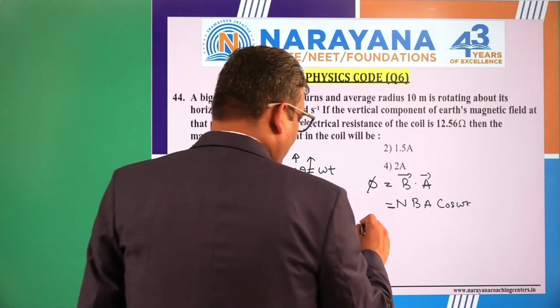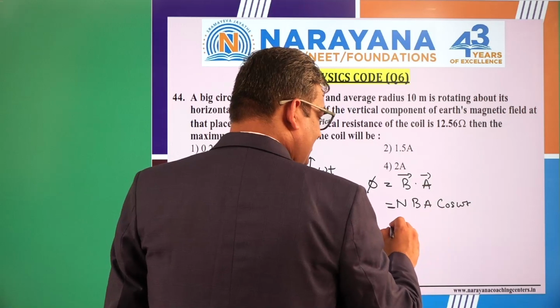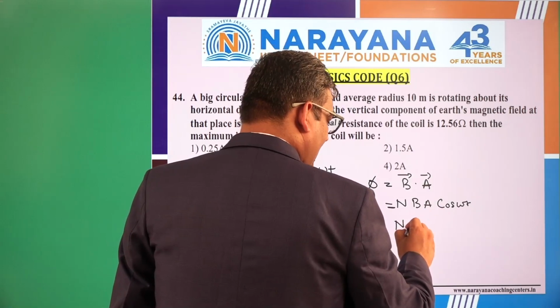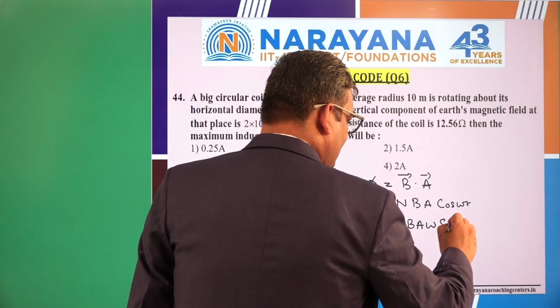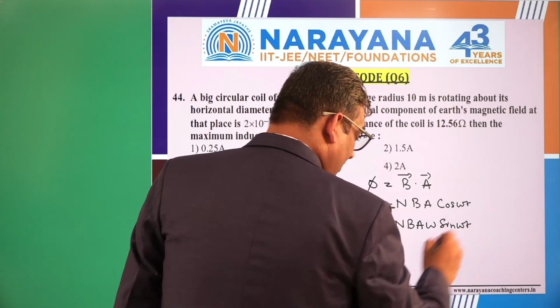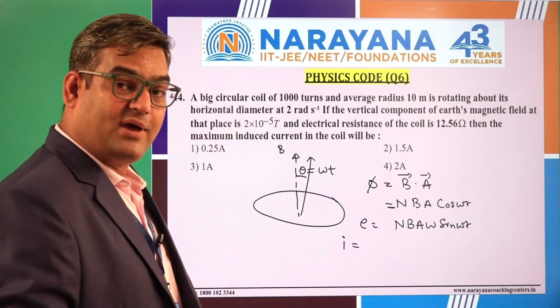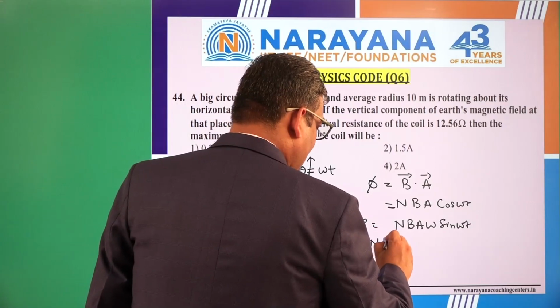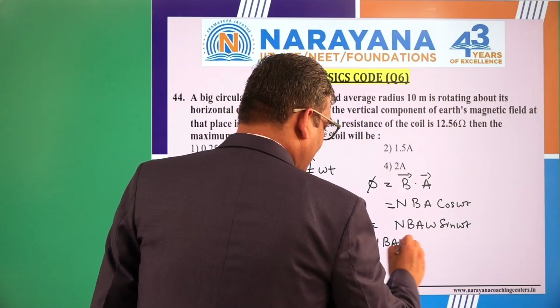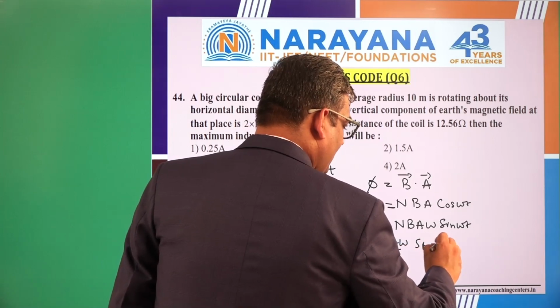Now EMF can be written as minus d phi by dt. So we will differentiate this expression and this will give us NBA omega sin omega t. And to calculate electric current, we have to divide this expression of EMF with resistance. So we will get NBA omega divided by R multiplied with sin omega t.